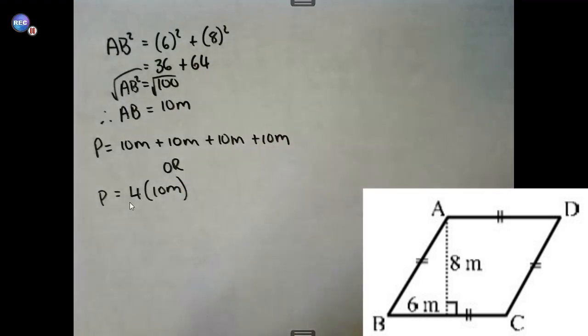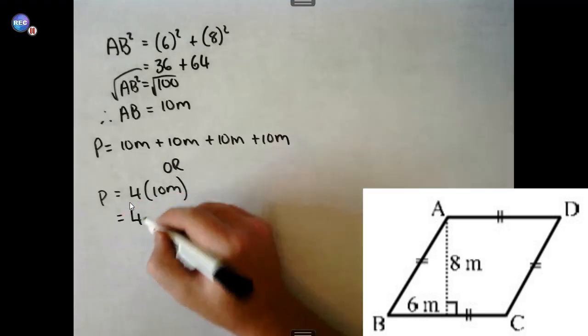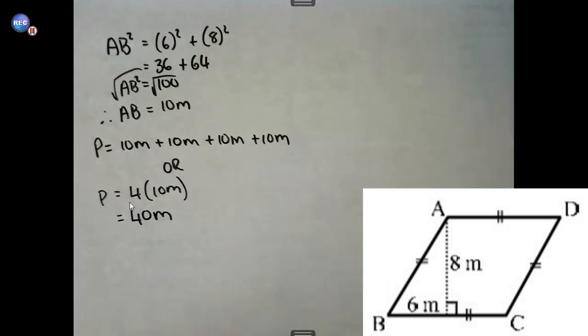And the only reason why you can do that is because all the sides are equal. It's the same as working out the perimeter of a square. Multiply it by 4 and you'll get your answer. So therefore, at the end of the day, you'll have a perimeter of 40 meters in this regard.